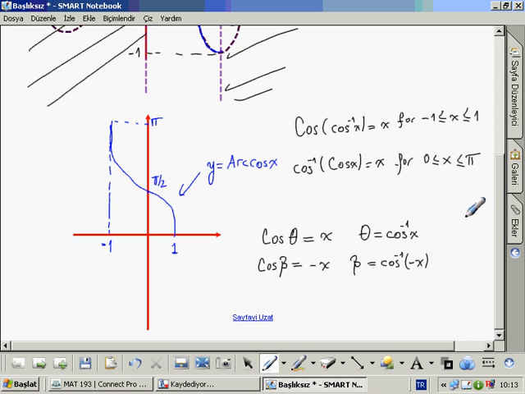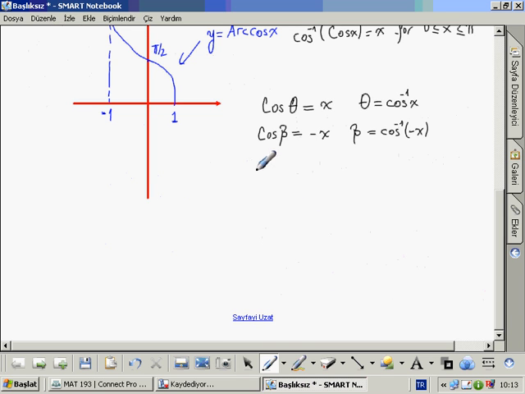When you add both sides, that means theta plus beta equals pi, so that we can write inverse cosine x plus inverse cosine of minus x equals pi.